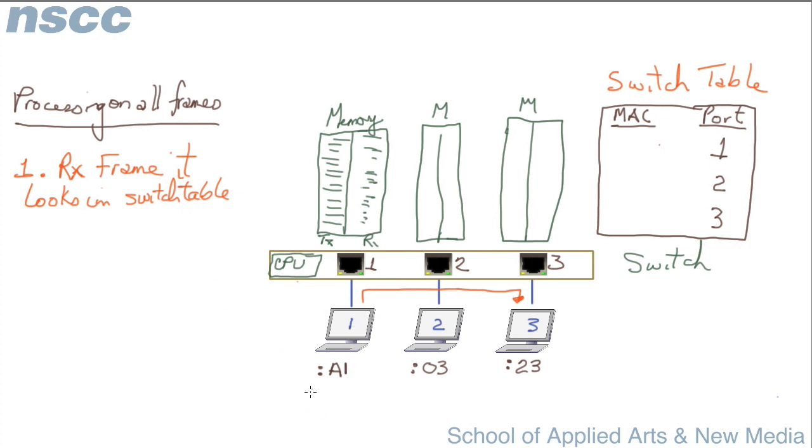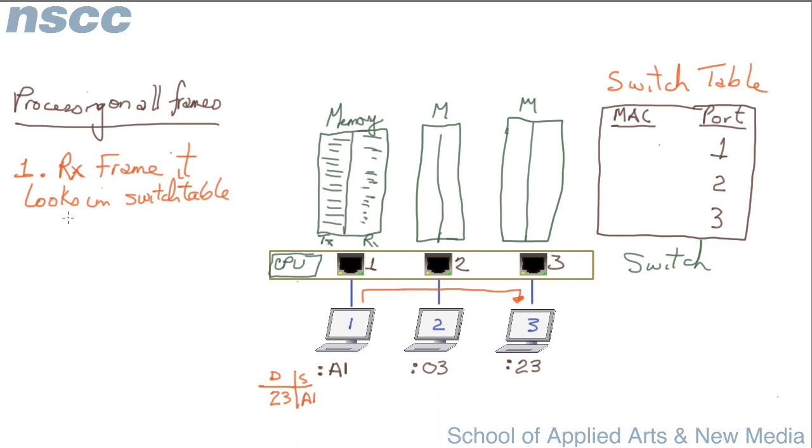So here, this is sending a frame to 3, so the destination MAC address in the frame would be 23, and the source address would be A1. So that frame would come up here, would get stored and processed in the transmit buffer. It's being transmitted, and the switch would try to find out what port should I send that to.